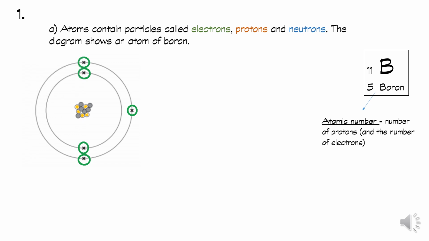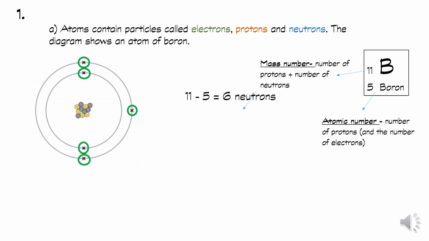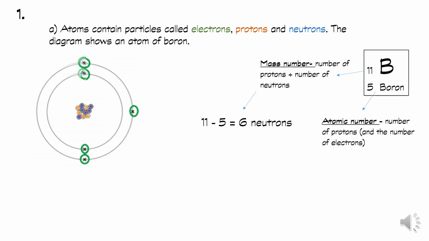Again, you can see them on the diagram. Boron also has a mass number of 11, which is the number of protons and number of neutrons added together. So if we do this quick calculation and take the atomic number away from the mass number, we get 6 neutrons, which again you can see in blue on the diagram.